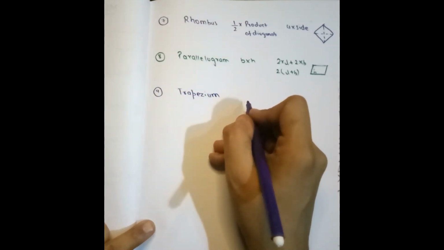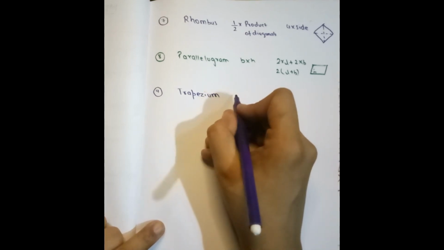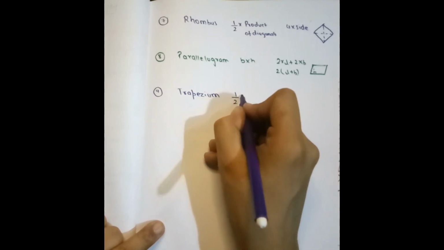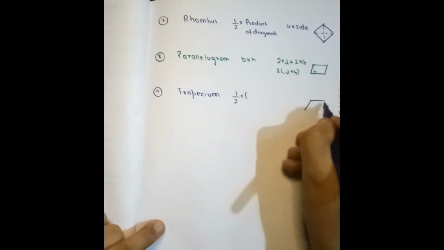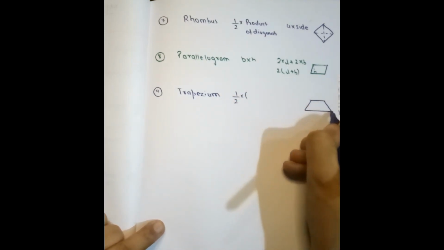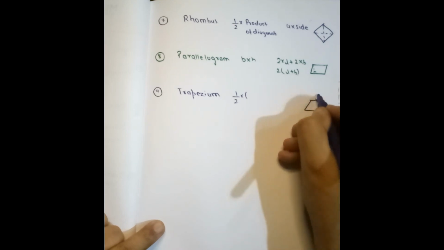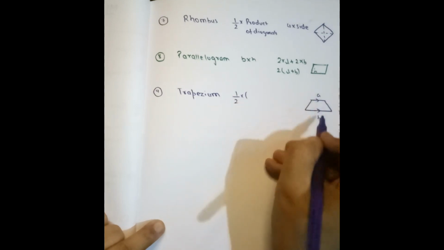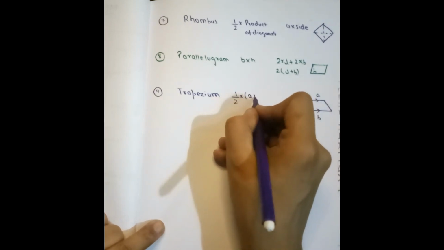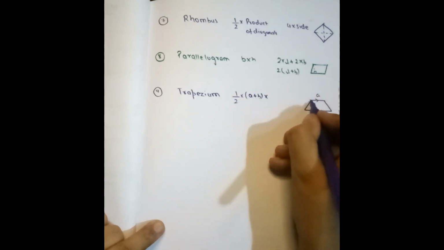So for the trapezium area, you can find it by using this formula: half into sum of the parallel sides. For example, this is my trapezium. Of course the parallel sides here are this and this. Imagine this is A, length is A, and this is B. So half into sum of the parallel sides, that means (A plus B), times height. Height is this.